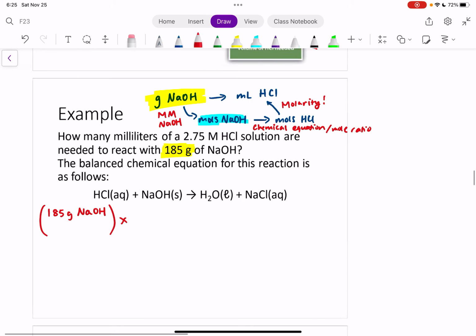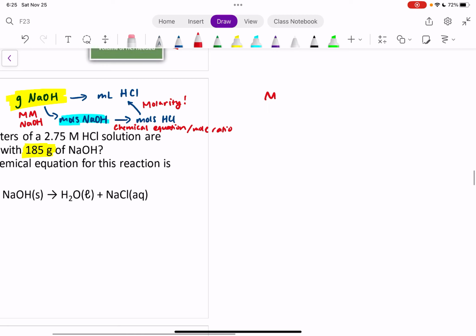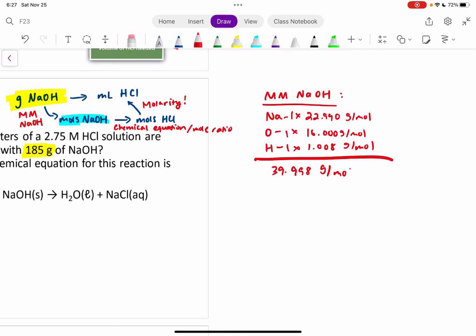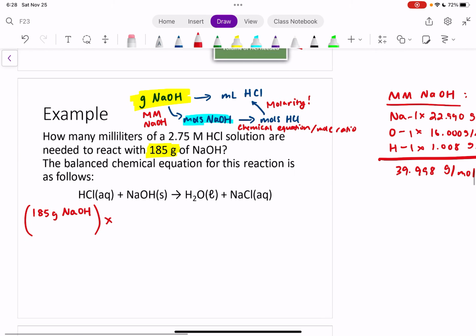Let's go over to the side here and get our molar mass of NaOH. All right, I did the math off camera, so that's 39.998 grams per mole. So 39.998 grams goes on the bottom, right, we want to cancel it out. 1 mole goes on the top. Cancel those things out, grams of NaOH, and we need to multiply next by another step.